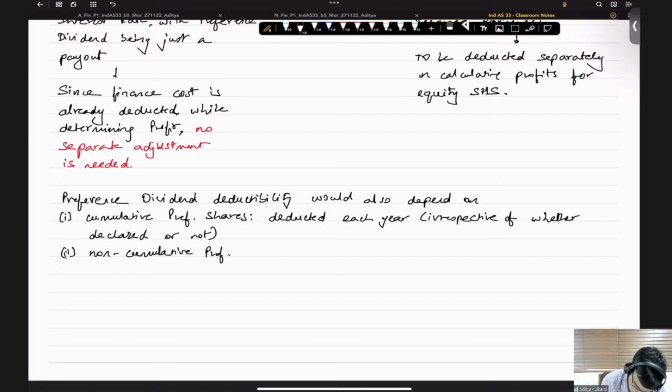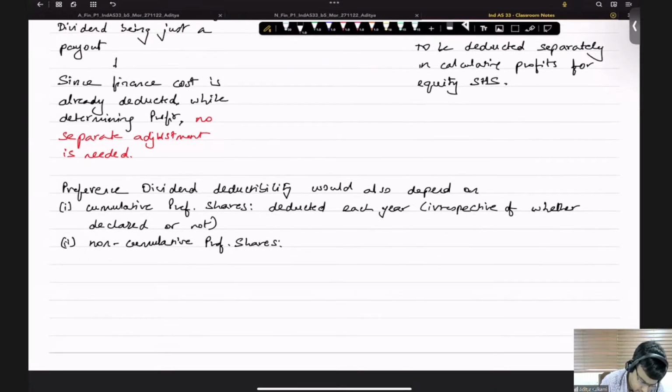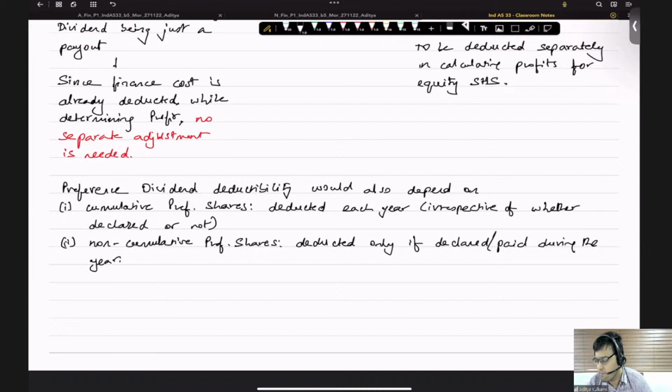Non-cumulative preference shares are deducted only if declared or paid. They tell you in the question, either of the two during the year.